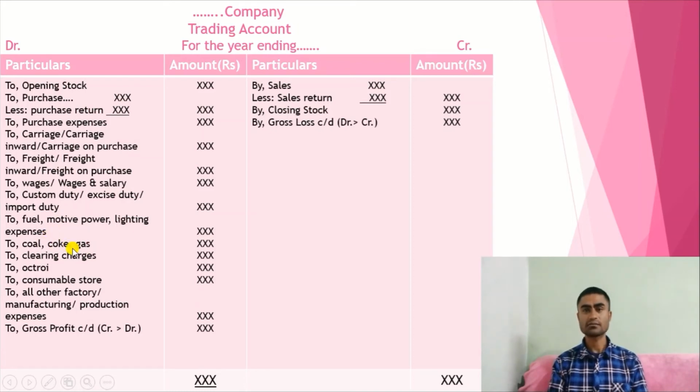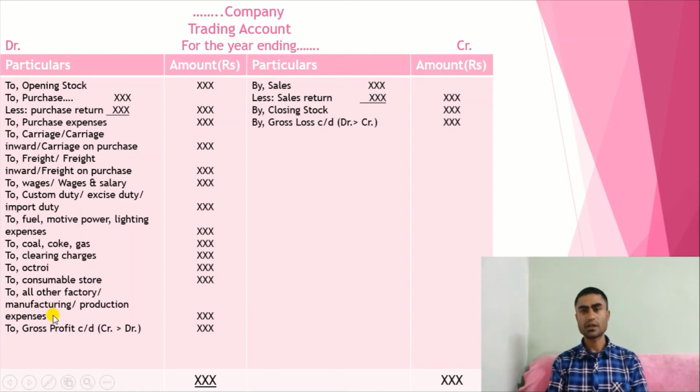Coal, coke, gas, it is useful to operate the machines or whole factory as well. Similarly, clearing charges, stock clearing charges, coal, coke, cash clearing charges, octroi, local municipal charges are यसमै record हुन्छ. Consumable store, all other factory or manufacturing or production related expenses are recorded in debit side of trading account.